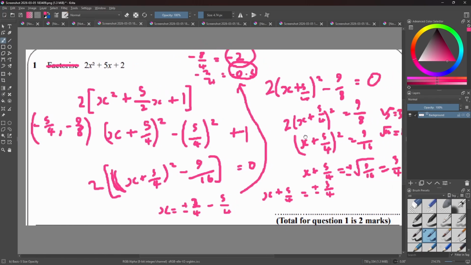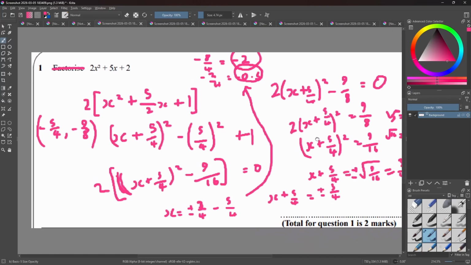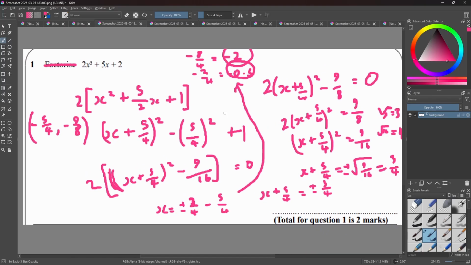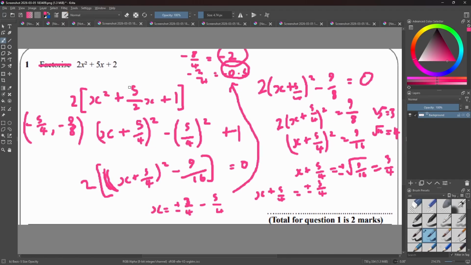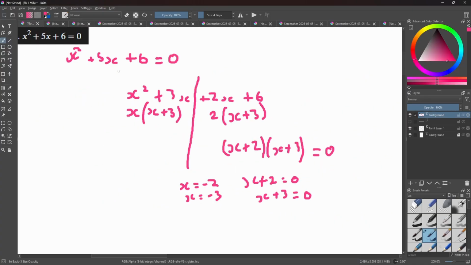Now, the square form is not really something you need to be using if you have a nice one you can factorize like this. But if you can't factorize and it's non-calc, you probably want to use the square form. And if you need to find the turning point, that's also quite useful. So I've showed you quite a few ways here in which to solve quadratics and sort yourself out with them.